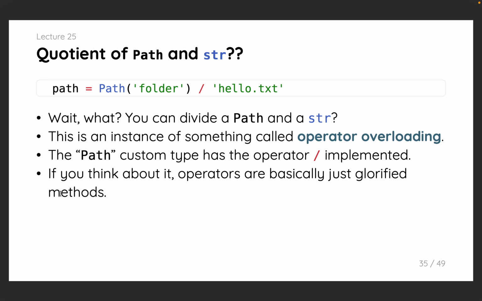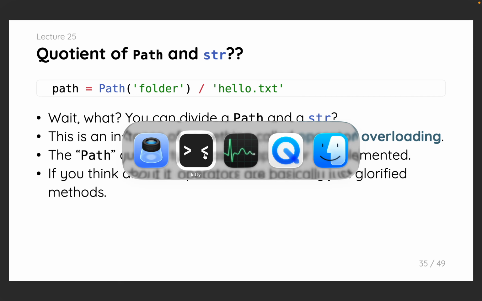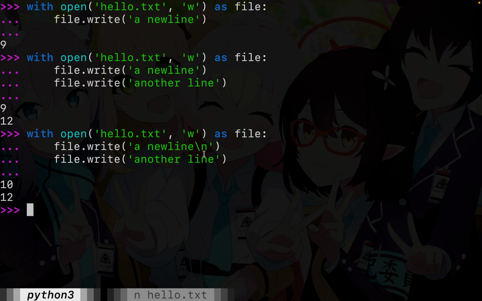Remember from classes, data classes, each data class has a list of methods you can use for it. Operators, you can think of them as methods. For example, plus is essentially an operator for the integer class.